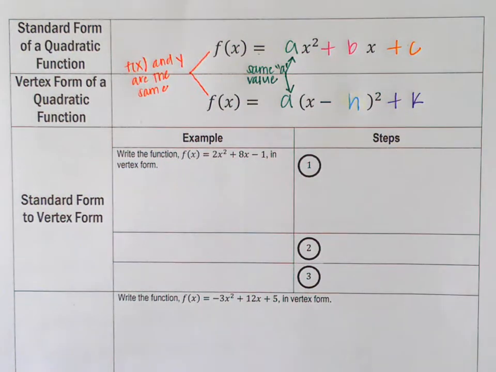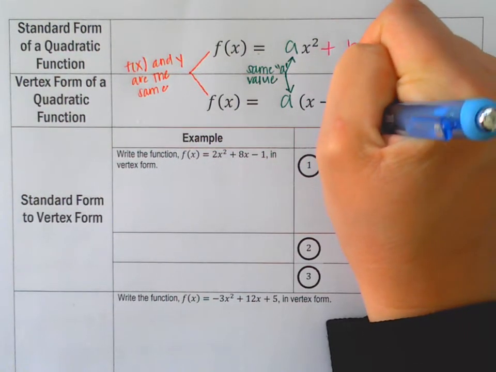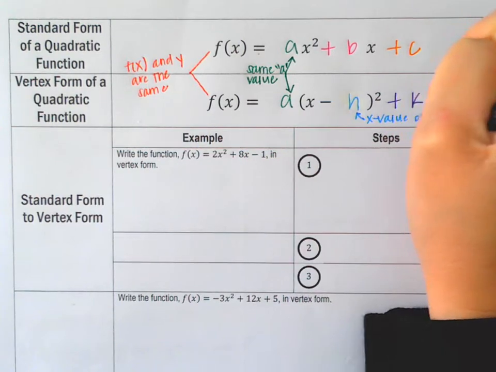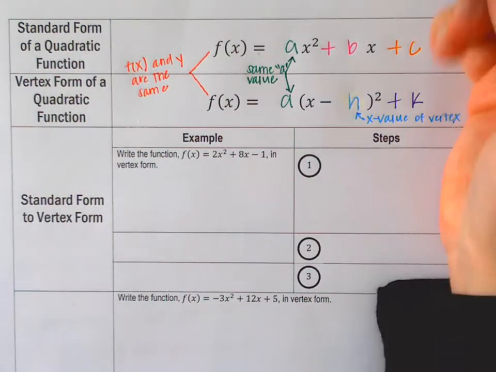And then h and k: remember, h is the x value of the vertex and k is the y value of the vertex.